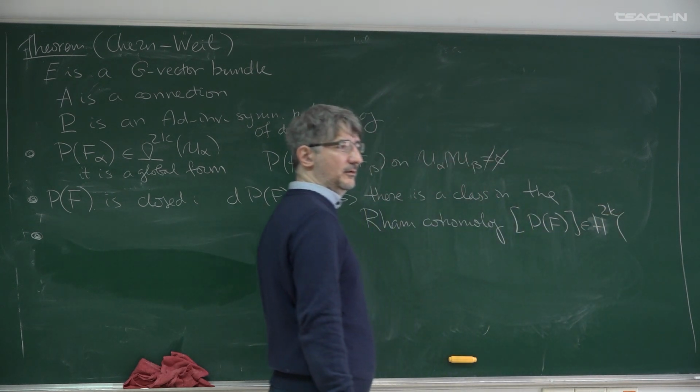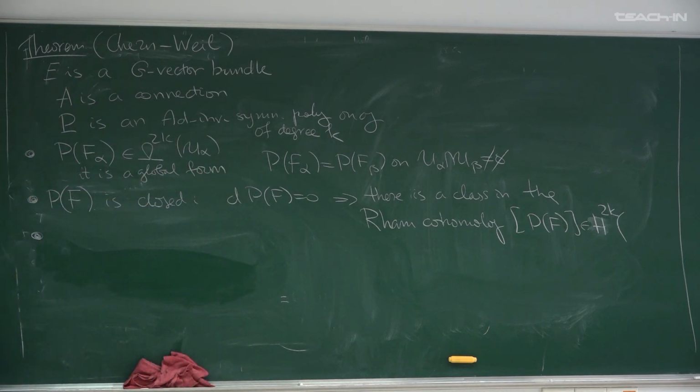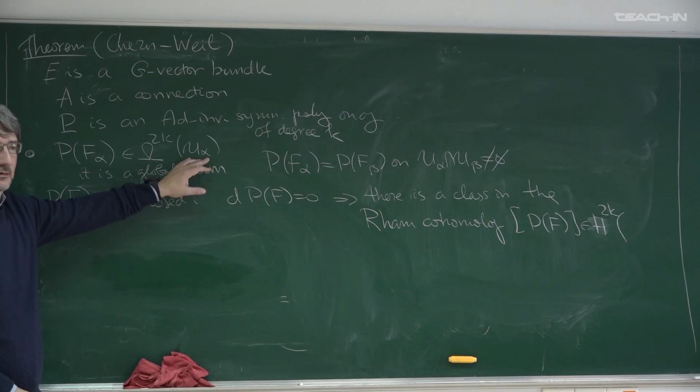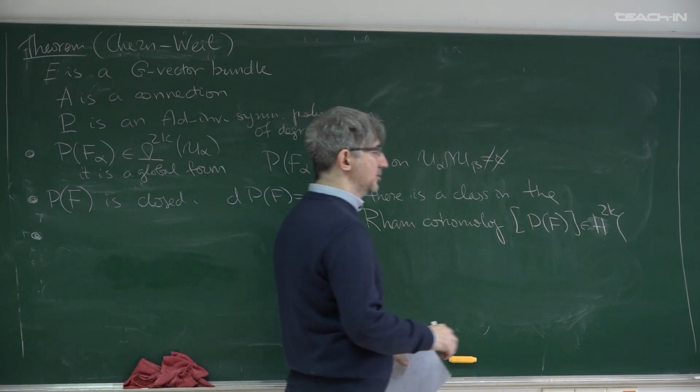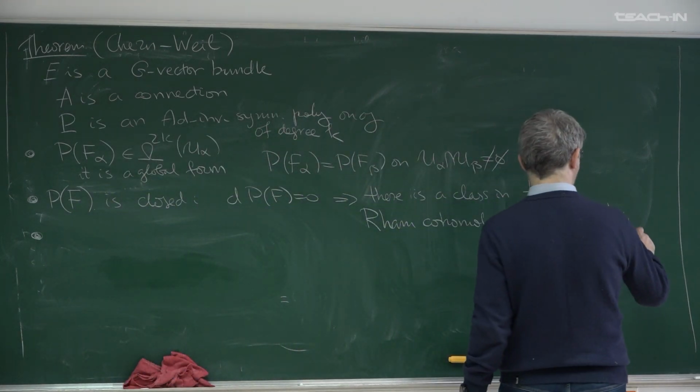So, the very stupid question, the cohomology of what? Base. Because U alpha are charts on that base manifold. We have a collection of forms which define a global form on the base.